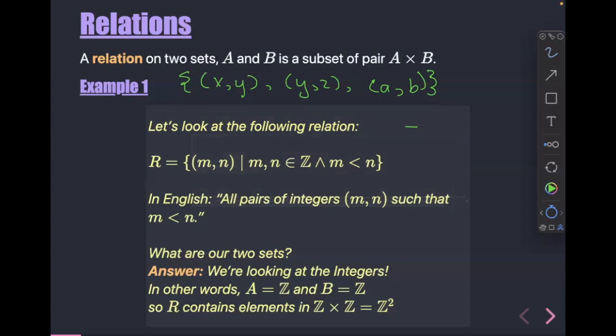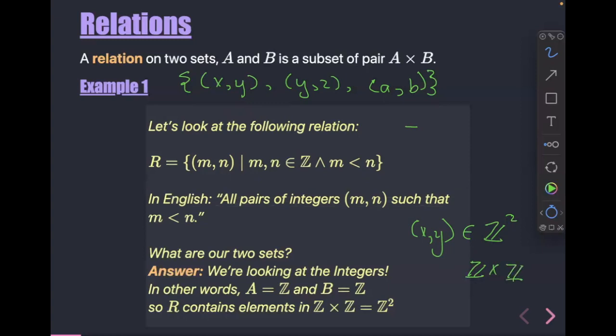The first question I have here is, what are the two sets that I'm looking at? Because this relation is really a subset of the Cartesian product of two sets. What this really is, is a subset of the Cartesian product of the integers. What do I mean by that? Remember when we were talking about tuples with two items, they're going to be in Z squared, because it's in the Cartesian product of the integers.